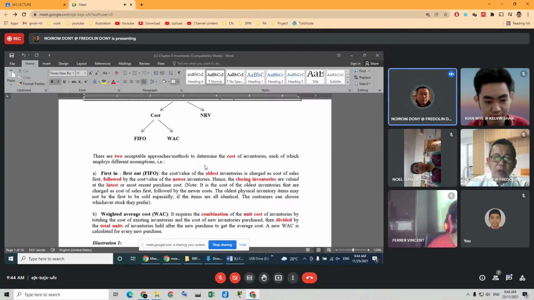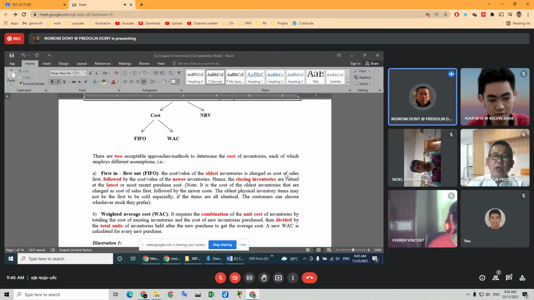When you have an issue of the inventory at the end of the year, you have to use October first, because that is the oldest inventory, and the price of October will be charged to the cost of sales.